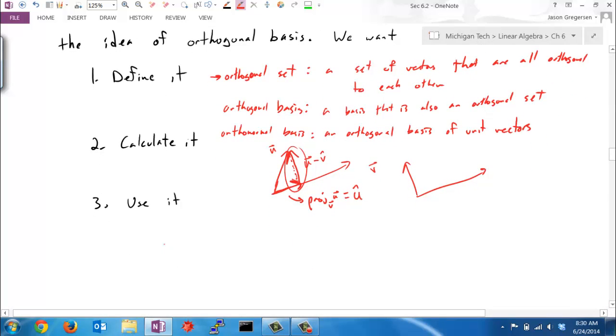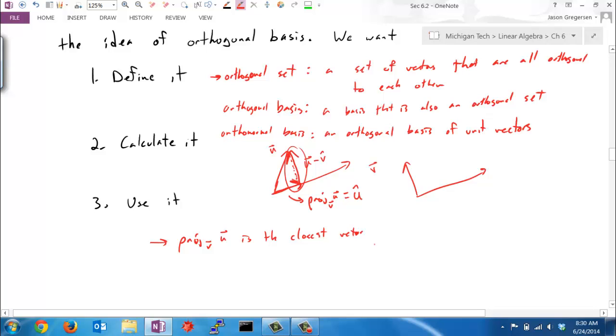Two things. First, I can see here that the projection of u onto v is the closest vector on the line that is v.